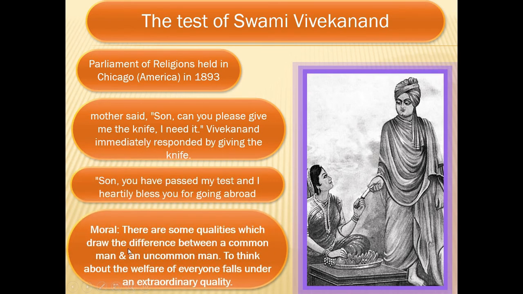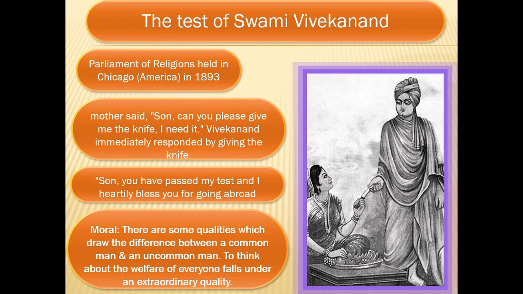So what does the moral of the story tell us? There are some qualities which draw the difference between a common man and an uncommon man. To think about the welfare of everyone falls under an extraordinary quality. To think not only about ourselves but also about the welfare of others provides the difference between a common man and an uncommon man.